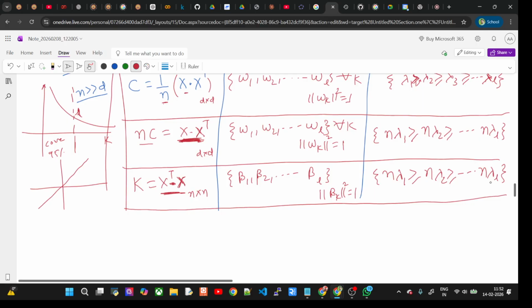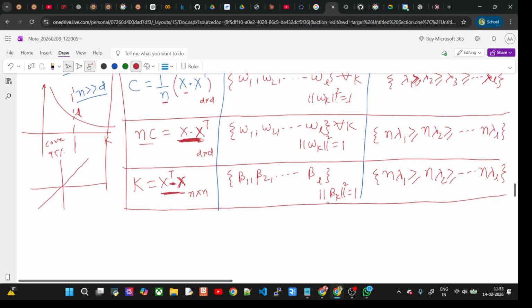These are the eigenvalues of X transpose into X, because we know this linear algebra fact, and we understood that.